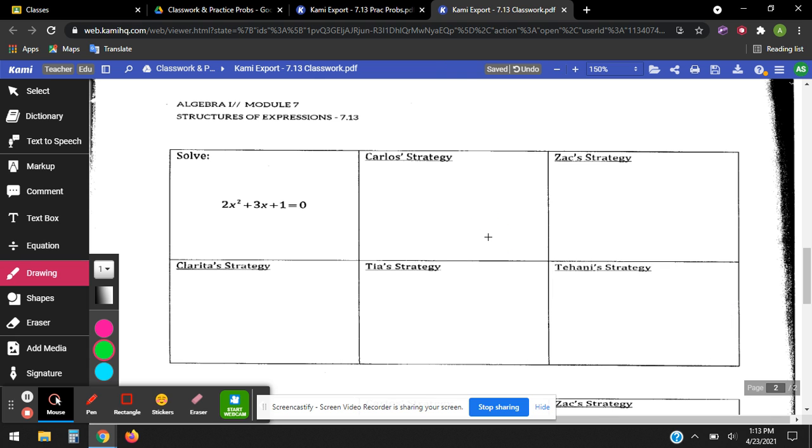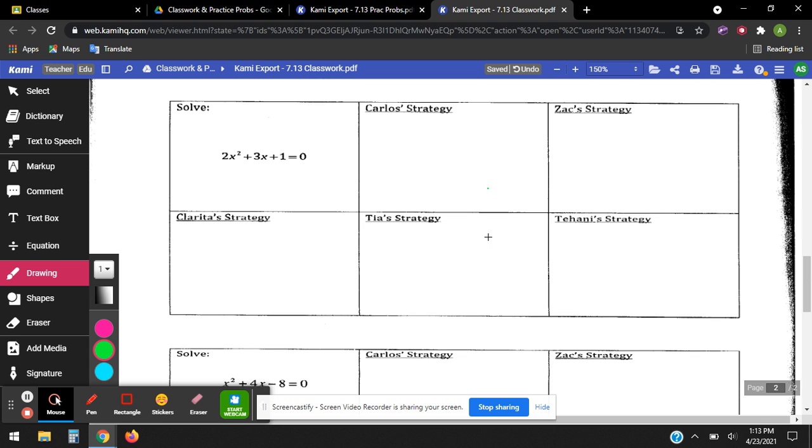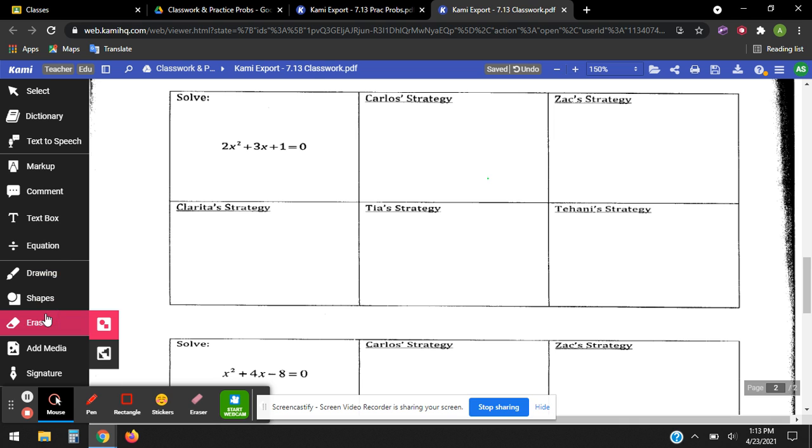Now we have 2x squared plus 3x plus 1. So I'm going to go ahead and do my way I've been doing it because that works best for me. That little dot I just put on there, we'll do green on this one, do different colors. Don't have a ton of room still, but we'll do what we can. So if I go ahead and do vertex form, I have to pull 2 out in parentheses. 3 divided by 2 is 1.5.